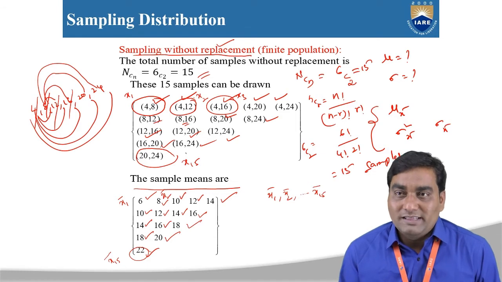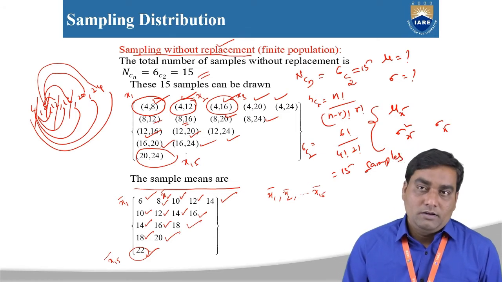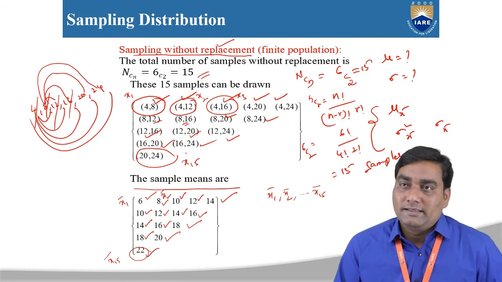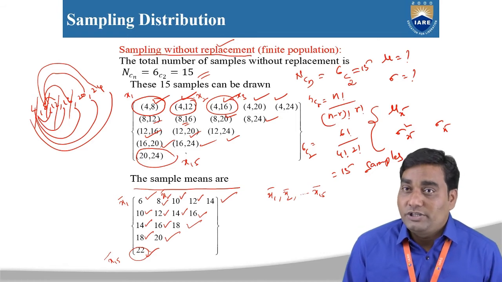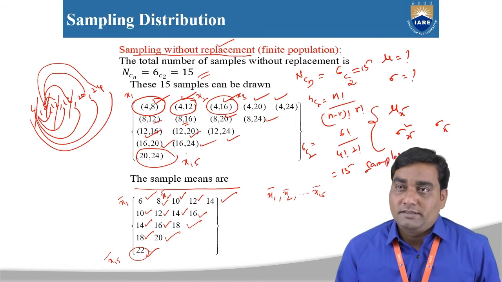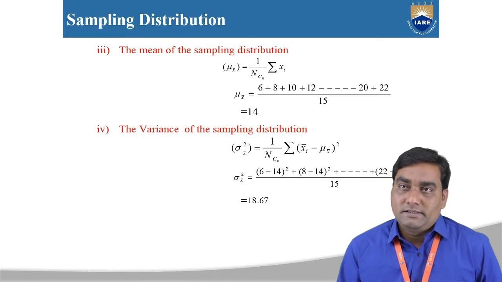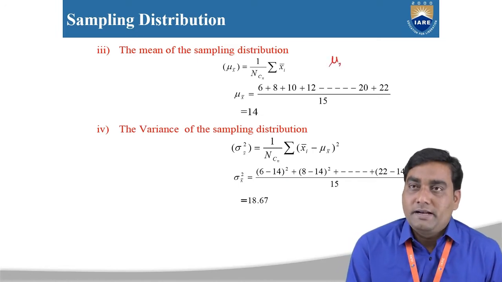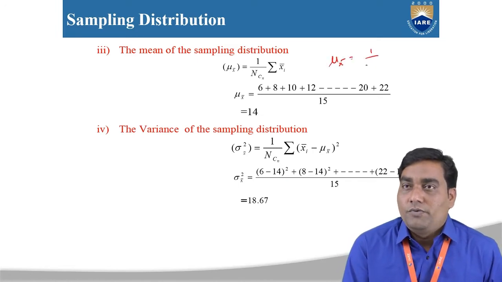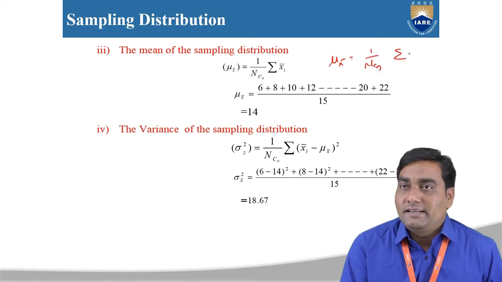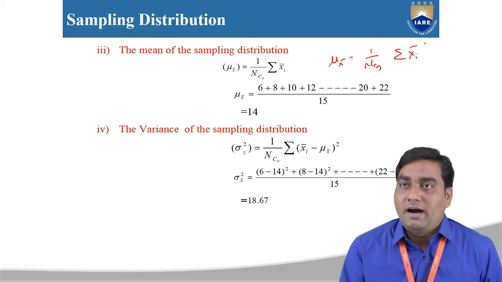Now based on these sample means, we are going to calculate the mean of the sampling distribution and the variance of the sampling distribution. The mean of the sampling distribution has the symbol mu x bar, equal to 1 by NCn into the sum of xi bar.